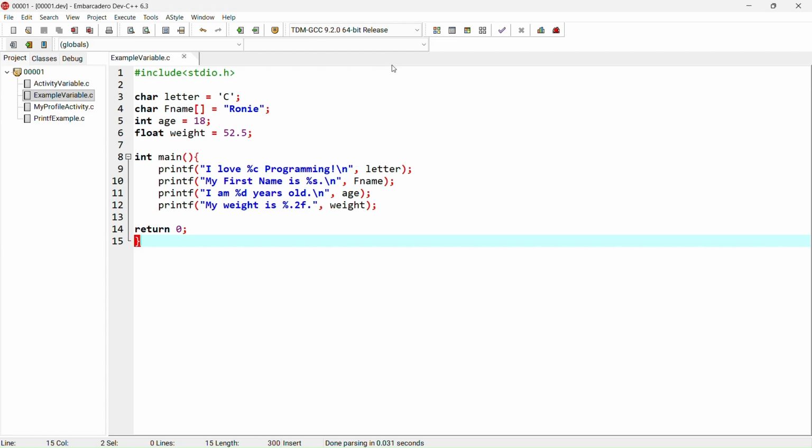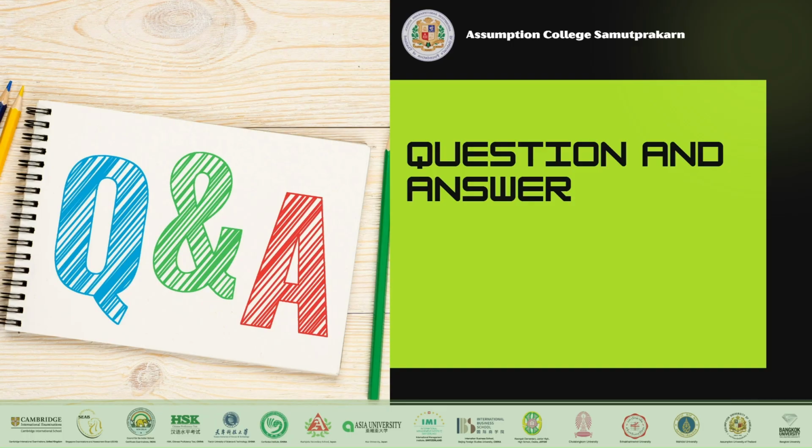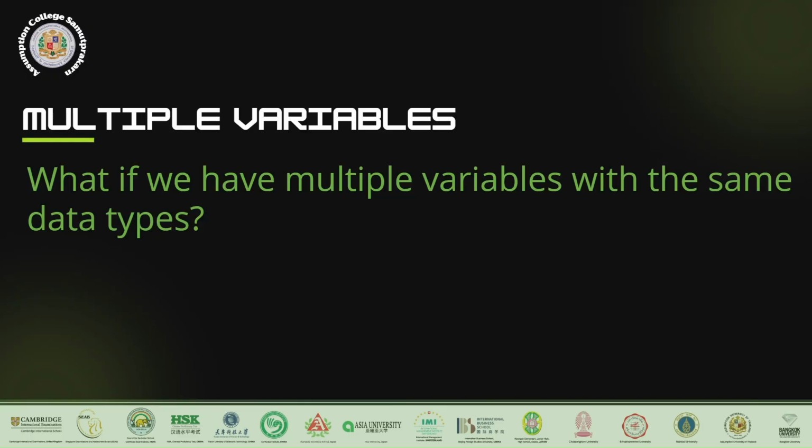At this point, your program can now store and display different types of data using variables and format specifiers in C programming. What if we have multiple variables with the same data type? Do we need to write the data type repeatedly? The answer is no. In C programming, variables with the same data type can be declared in a single line by separating them with commas.